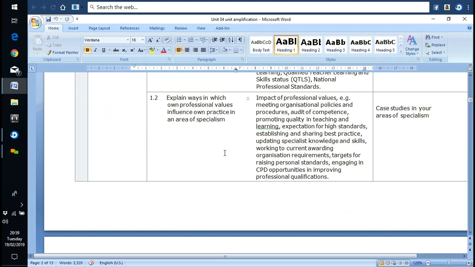On this second part of the second AC, it's looking at the impact of professional values, meeting organisational policies and procedures, audits of competence, promoting quality in teaching and learning, an expectation for high standards, and establishing and sharing best practice. Sometimes those things can come into conflict.